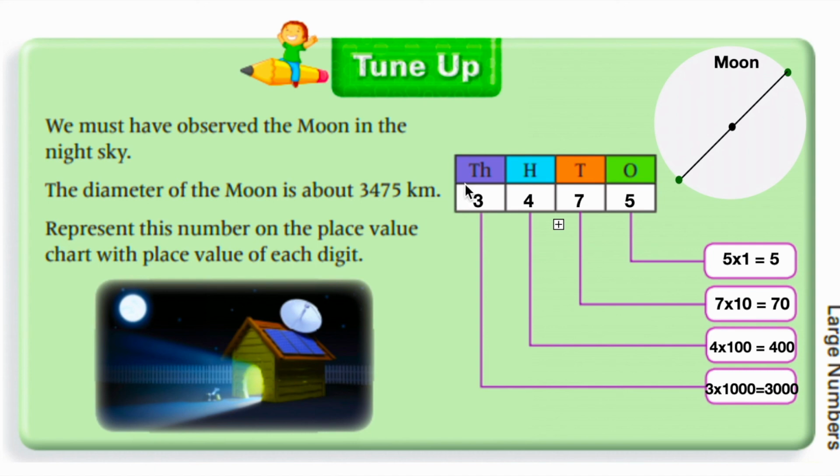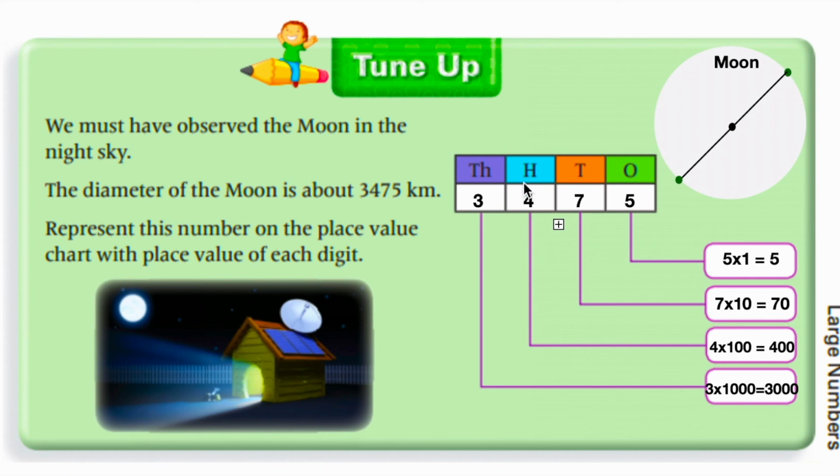So, students, we have written this number in the place value chart. Now, the digit 5 is at ones place. So, its place value is 5 multiplied by the value of its place, that is 1, which is equal to 5. Then, the place value of digit 7, which is at tens place, is equal to 7 multiplied by 10, which is equal to 70.